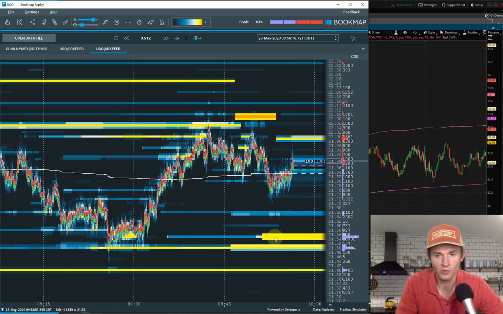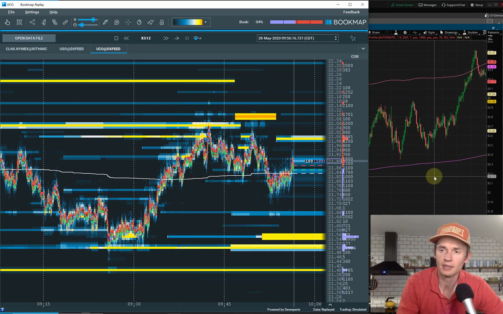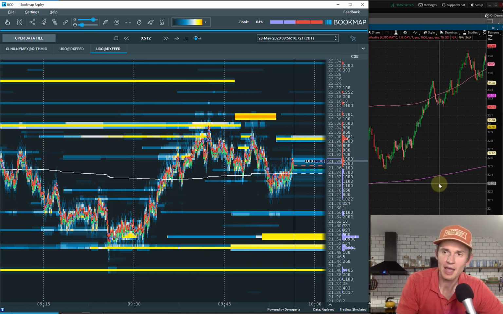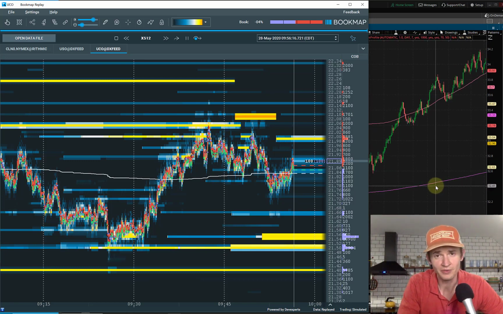And if you'll notice, more and more buyers are coming in down here. Sellers are kind of bailing out up here, and if we can track over far enough on the chart, that's what happens throughout the rest of the day. So that would have been fun to play. One of these days when I'm a full-time trader, maybe I'll be able to take advantage of that.